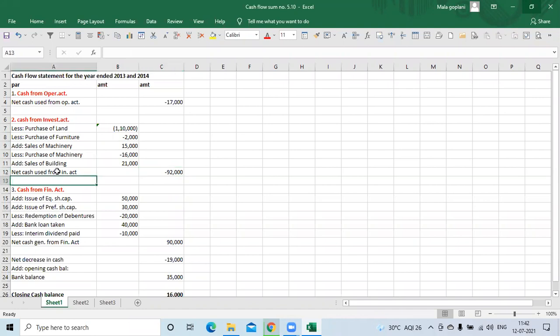And then what is the statement that you will write? Anu, you tell me, net cash used or net cash generated? Ma'am, net cash used. Very good. So now I hope it is clear when to use the word used and when to use generated. So it is investing activity.